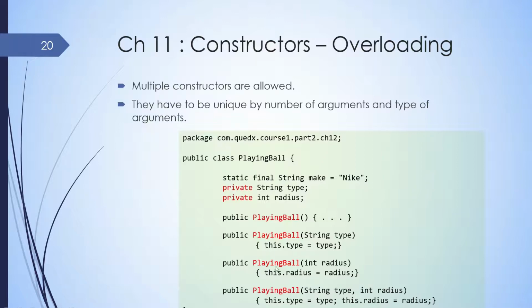The third one takes an int radius, so it allows us to initialize the radius data member. The last one is taking two arguments, String type and int radius. So this will allow us to initialize both the data members.